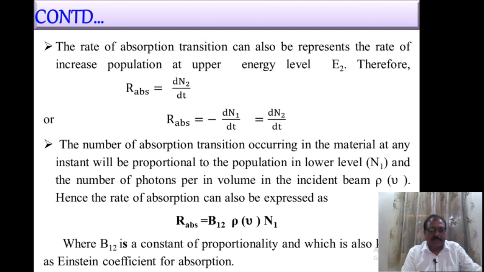At thermal equilibrium, the population in the lower state is very large compared to the higher energy state. Therefore, as light propagates through the medium, it gets absorbed. So this is the first process in the principle of lasers, that is absorption, also called stimulated absorption.